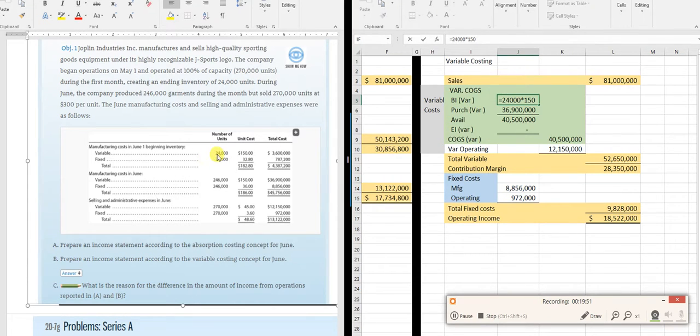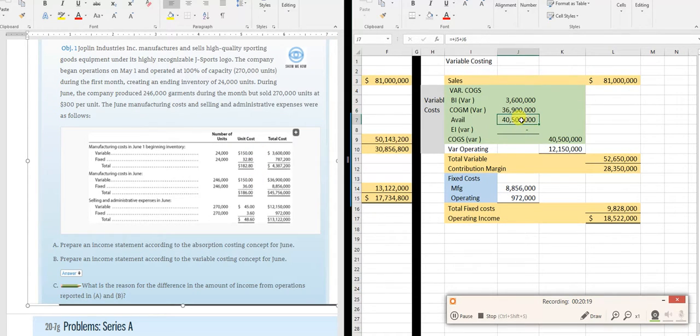So my beginning inventory is 24,000 times 150. So notice 24,000 times 150. Then I should put what I manufactured, so cost of goods manufactured. Only variable costs. So look at this. I have 2,246,000 times 150. And again, this is just a coincidence. That number is the same.